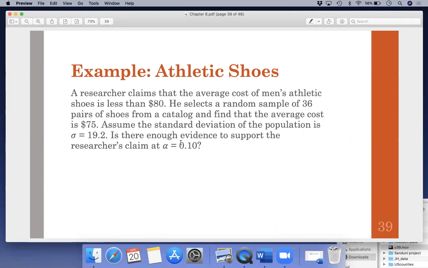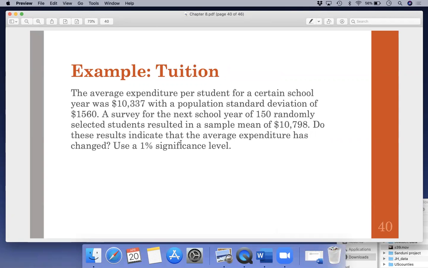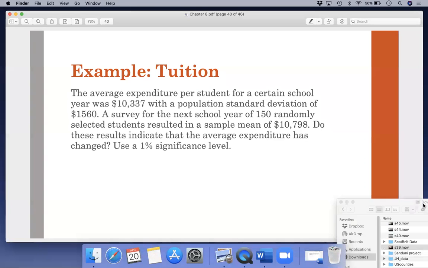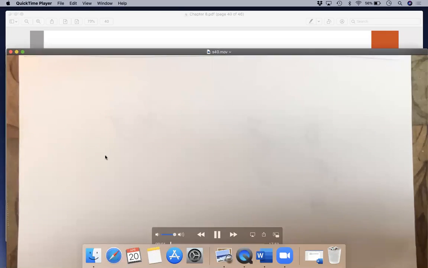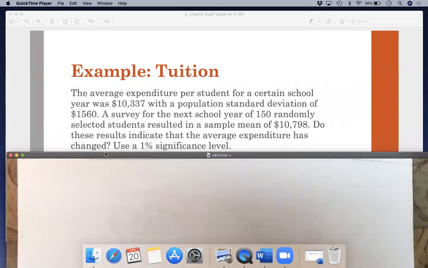Now we have another example. It's tuition. Now I will show you how to get the result. This is slide number 40, example tuition. First read the question carefully.